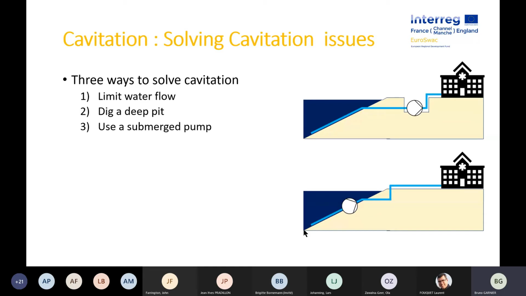Then you can see on the top drawing, you can dig a deep pit in order to have the pump at a level where the static pressure of the water is more important than at the surface. And the third one is to use a submerged pump.